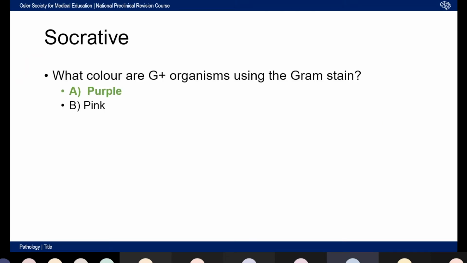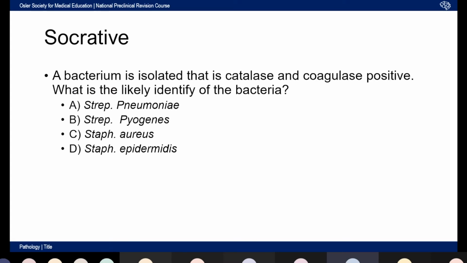Okay, so hopefully, oh, I showed you the answer. I'll pretend to go back. So what colour would gram-positive bacteria be? Amazing, everyone got that right. And then the next one, if a bacterium was catalase and coagulase positive, what is it likely to be?